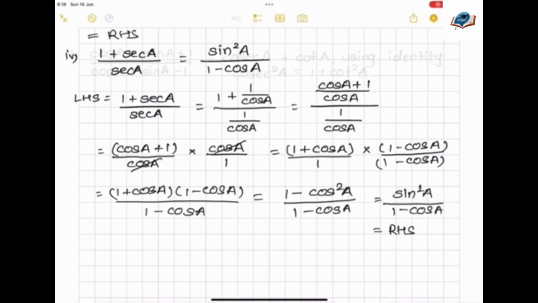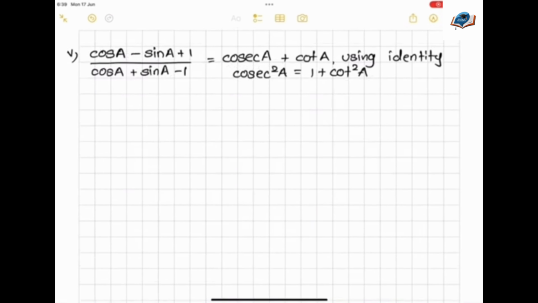Now fifth one, again it is asked to prove that, and I have to use the identity cosec square A equal to 1 plus cot square A. So first I am taking LHS, so that is cos A minus sin A plus 1, whole upon cos A plus sin A minus 1.